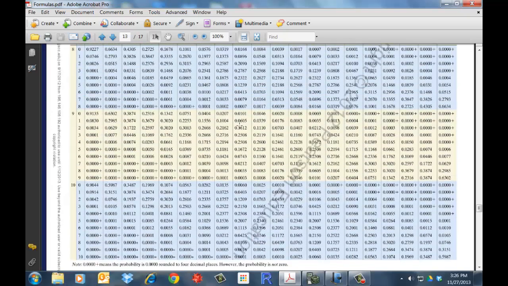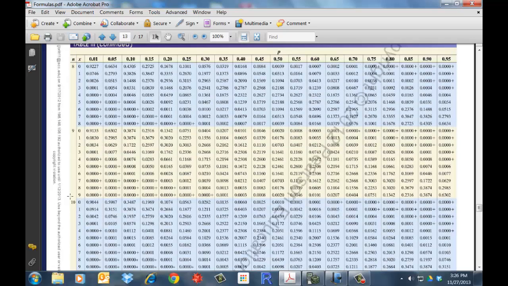So n equals 10 is right here, and we want to know the probability of getting no defective items in a batch of 10, which is x equals 0, and p equals 0.4. So this is the first number that we're going to write down.